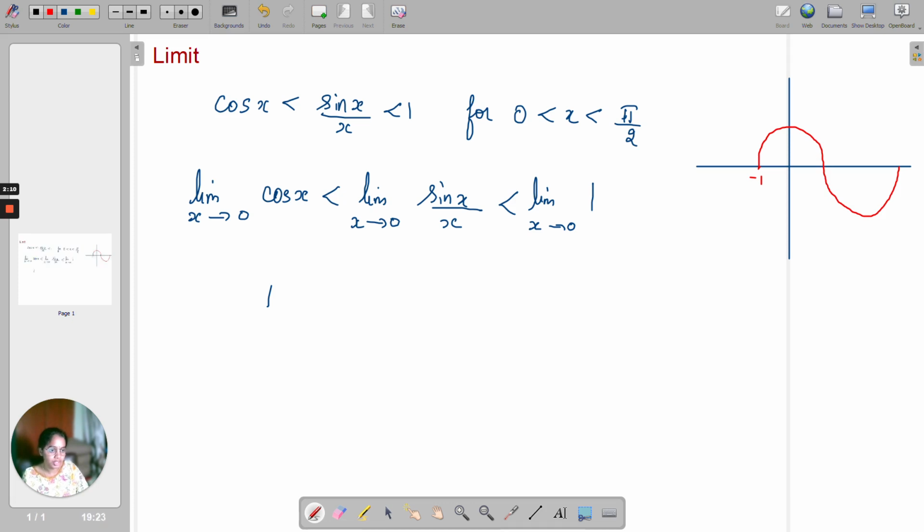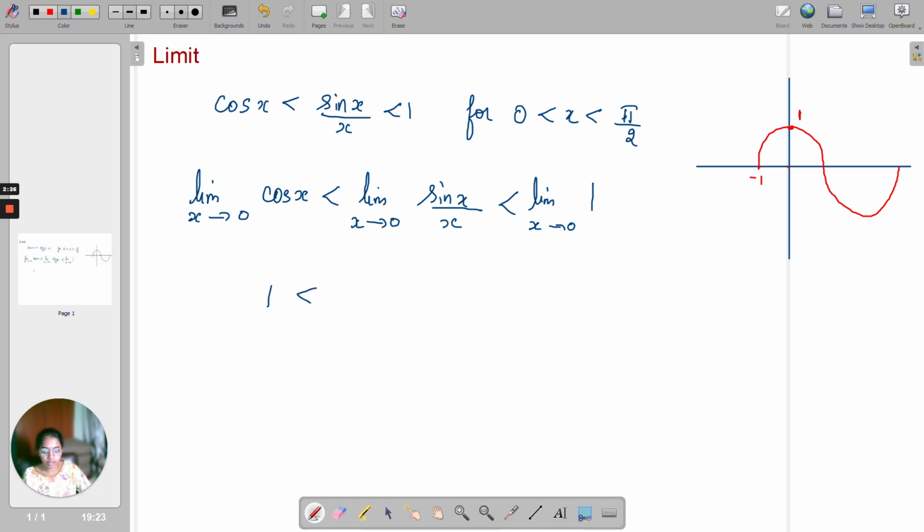So for cos 0 we have the value 1, right? So that is why I've written it as 1 over here. That is, limit x tending to 0 cos x is 1.